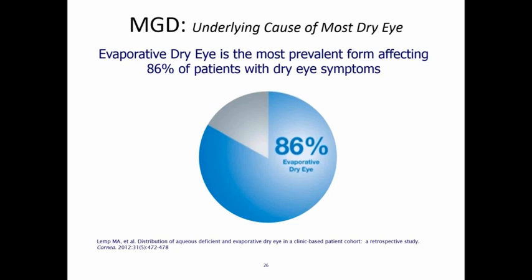Very often, evaporative issues are the straw that breaks the camel's back for these patients, and it also can be a very, very effective tool in bringing them back from the brink and making them comfortable again. And again, that's even patients who are aqueous deficient.